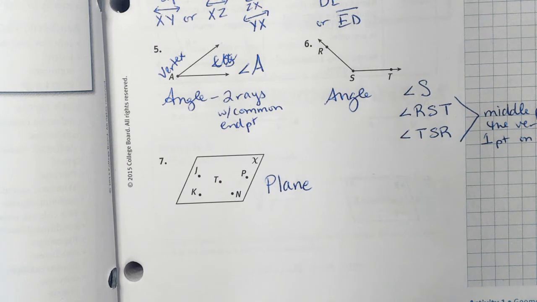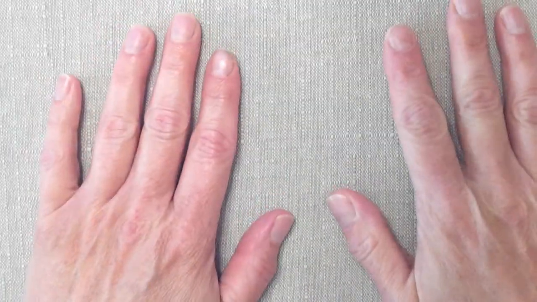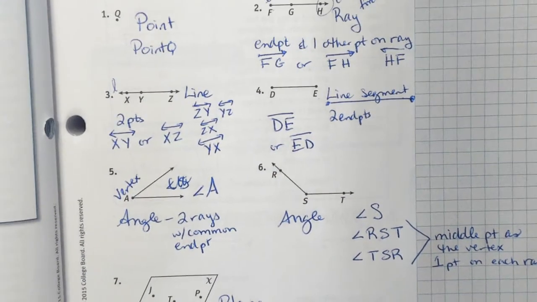I'm literally sitting in my dining room looking at my kitchen thinking, holy cow, there's a ton of examples of planes. My tabletop, this right here is a plane. Because if we were to extend this flat in every possible direction, well, that's a plane. I'm looking at the ceiling, that's a plane.